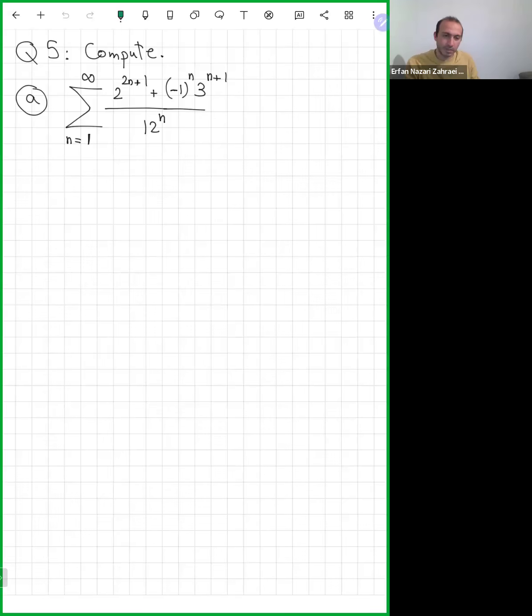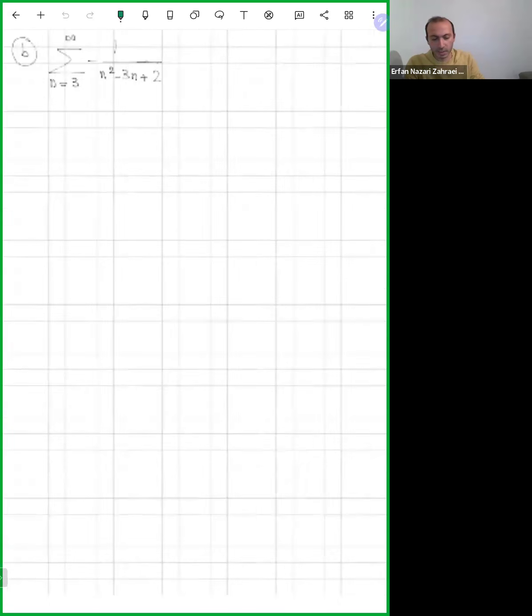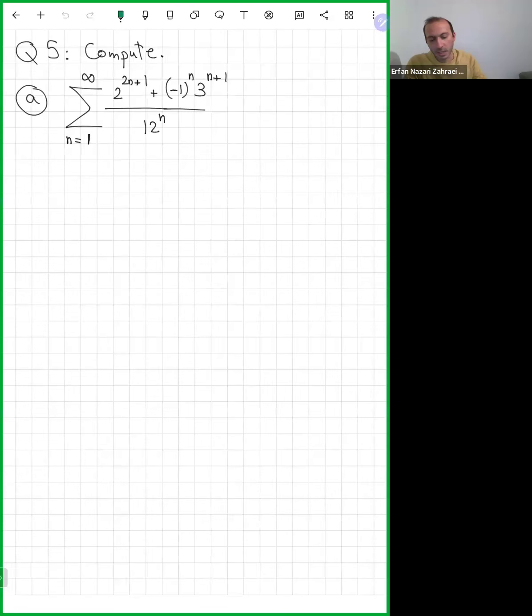Basically, in computation of series, we are also involving some sequence usually. So that's more complicated, but make sure that you also review sequences. Okay, so we have two questions. We want to compute the exact value of these two series, if they converge, and if they diverge, show that they diverge.